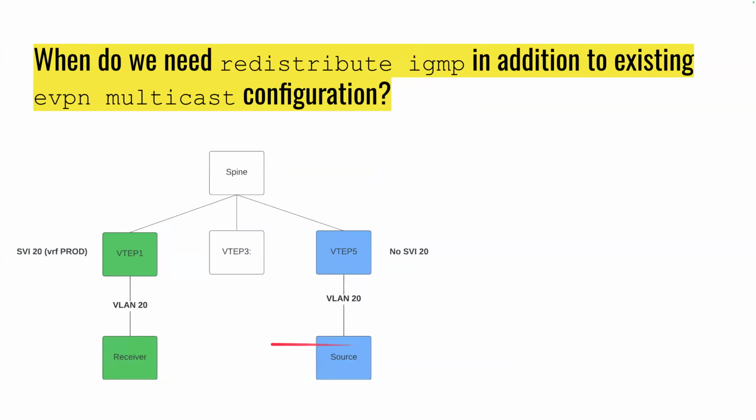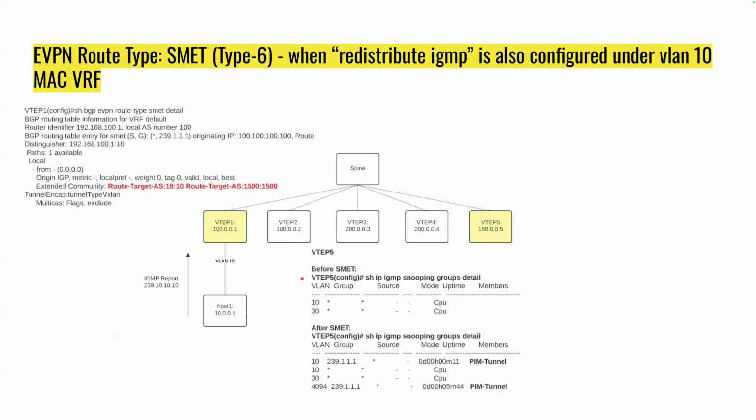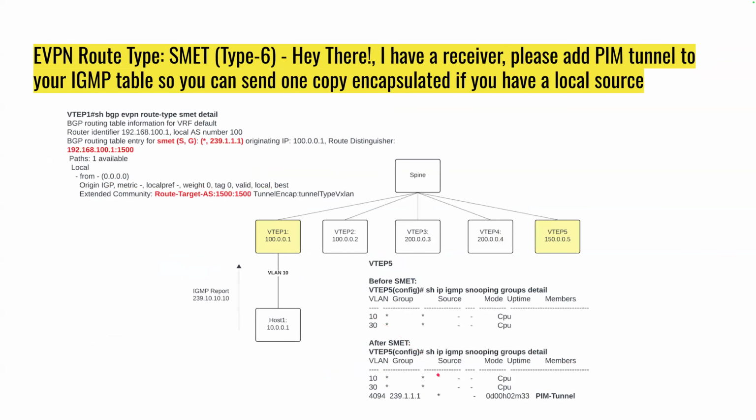Right. So let's say in this case, the receiver is coming online, and let's say we are generating a SMET route with just the L3 route target, right? And when we just send it with the L3 route target, VTEP 5 would create something like this. Just the PIM tunnel corresponding to dynamic VLAN 4094.